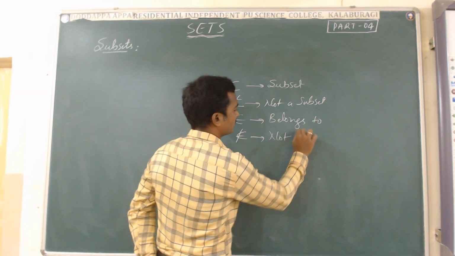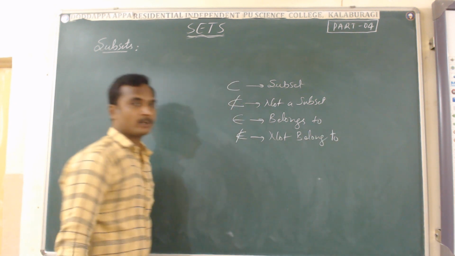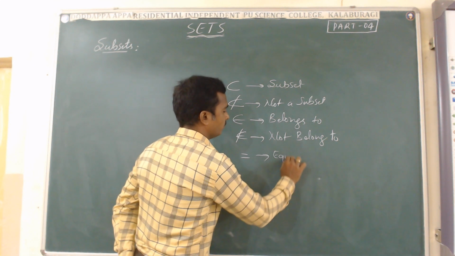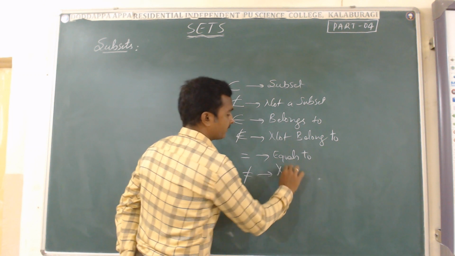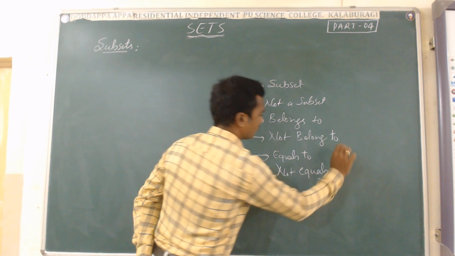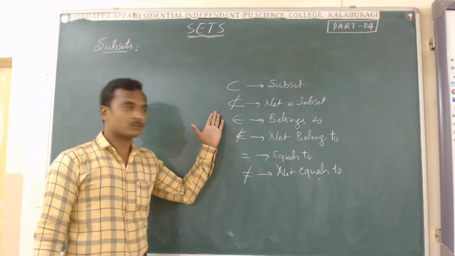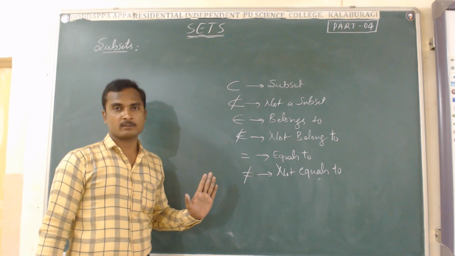Very good. This symbol shows equals to. And this symbol shows not equals to. So this is subset, not subset, belongs to, not belongs to, equal, not equal. Right. Fine.